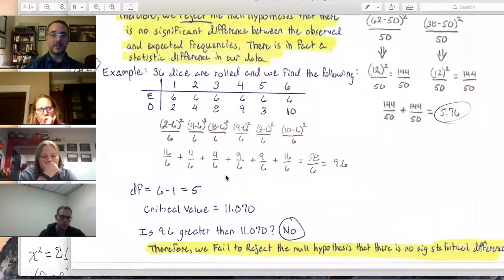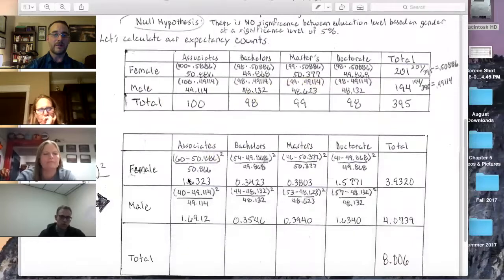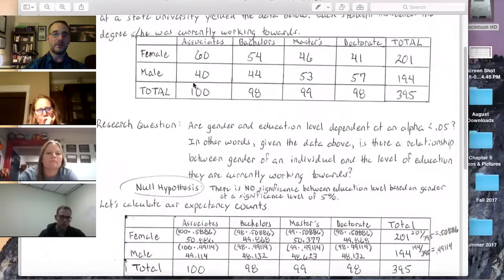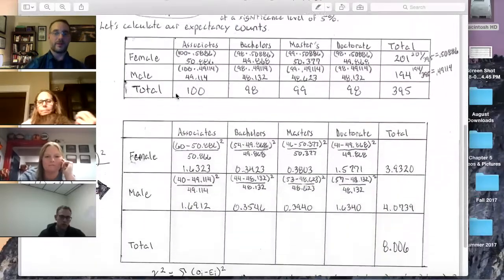Just like we did back here with our dice, now we subtract these from one another, our observed minus our expected. So that's what we do here. Our observed for each of these data, so 1, 2, 3, 4, 5, 6, 7, 8. We have 8 values that we're going to come up with.